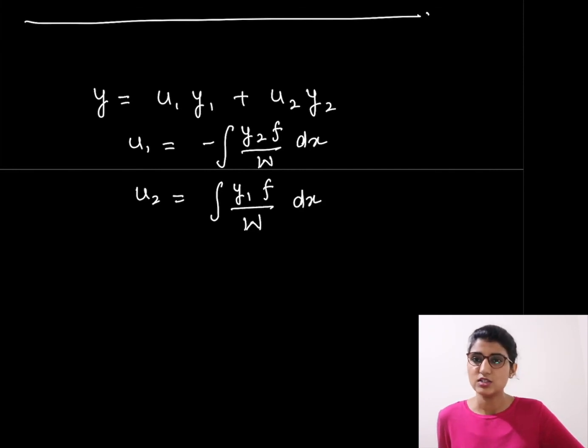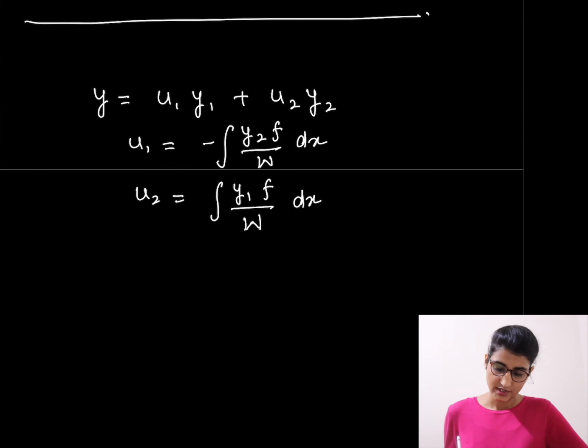These y1, y2 are two linearly independent solutions of your associated homogeneous equation. Okay. So this is how you find your particular solution.